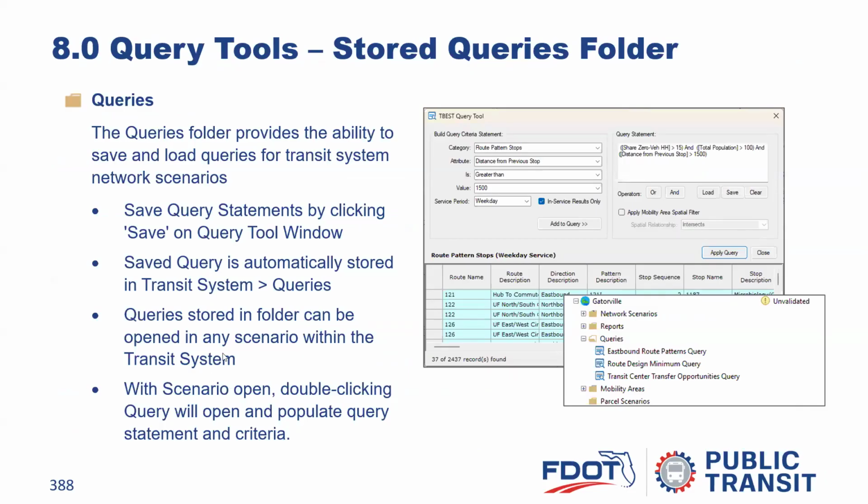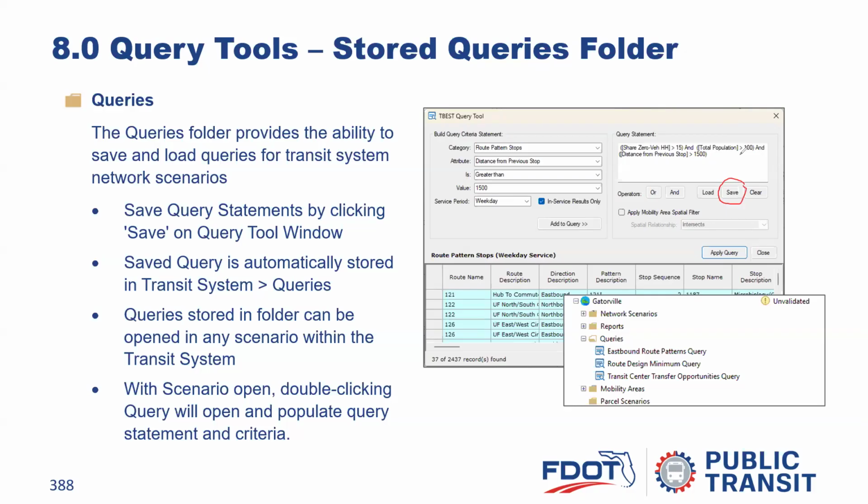Okay, so the queries folder in the TBEST Explorer window is where you would save queries, right? So that's where they're housed when you save them. So here's the Save button on the query builder. So if you've developed a query that you want to keep and you want to apply across multiple scenarios, so of course, all of what you're doing here can be applied on a scenario by scenario basis.